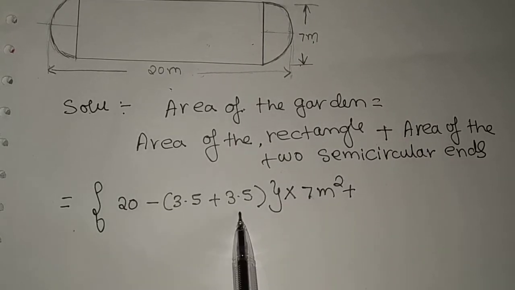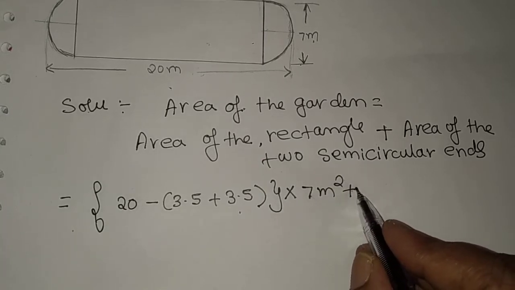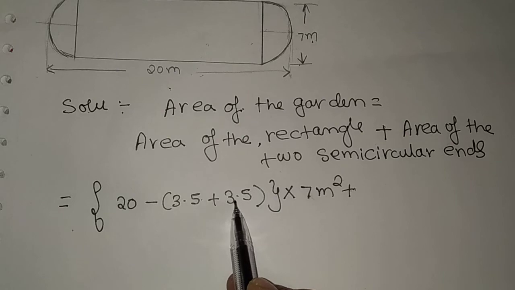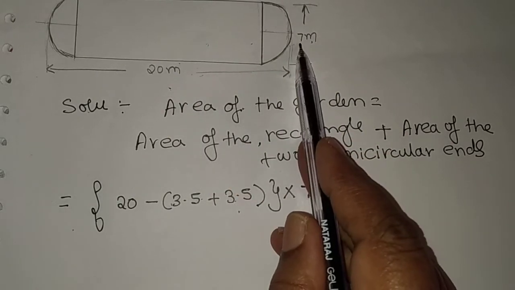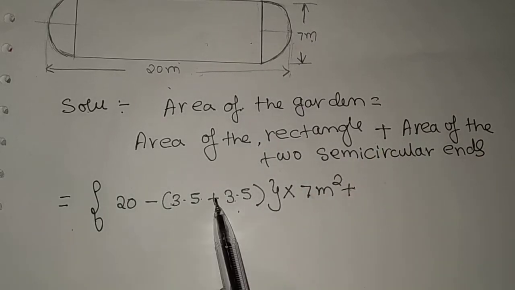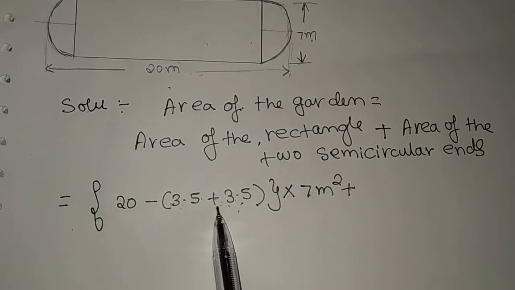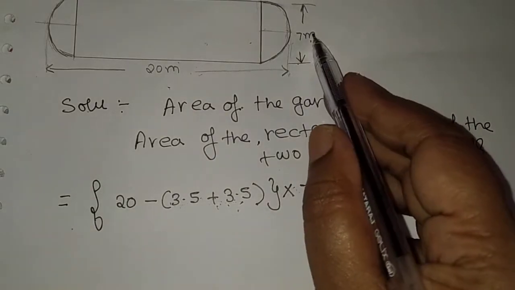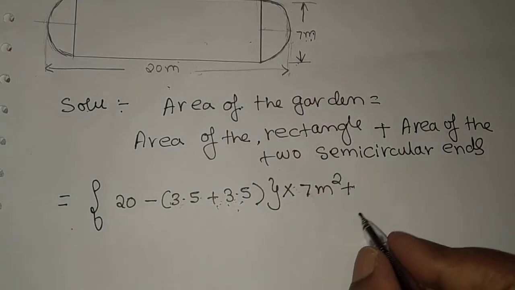This is the length into breadth. Therefore next, 3.5 plus 3.5 means this minus 7. 20 minus this 7. Okay, 3.5, 3.5, that is 2 semicircles, that is 2 times we have to write here. After this into 7 again, because length into breadth.